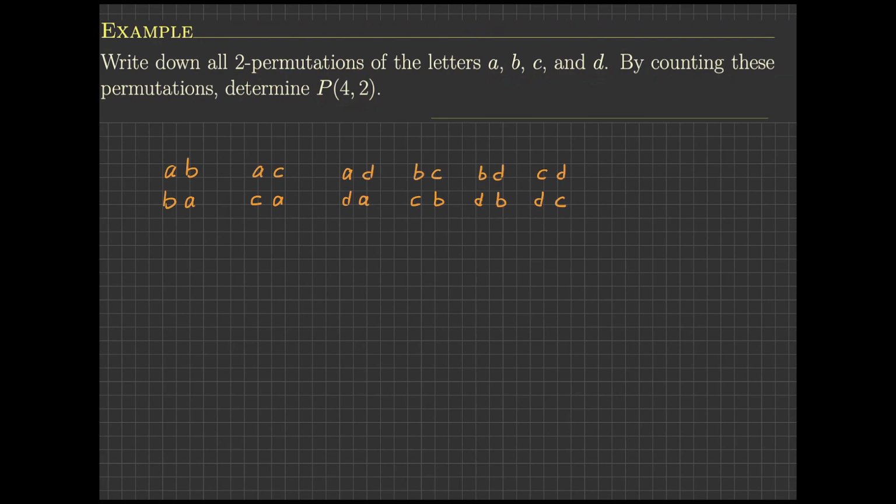Is that clear? So these are the only 2-permutations of these 4 objects. And then if I ask you what is P(4, 2), for the time being we do not have any formulas for this, but we can count them. 1, 2, 3, 4, 5, 6, 7, 8, 9, 10, 11, 12.